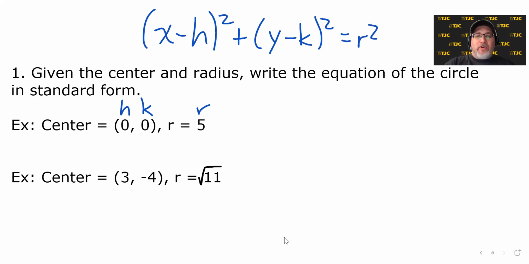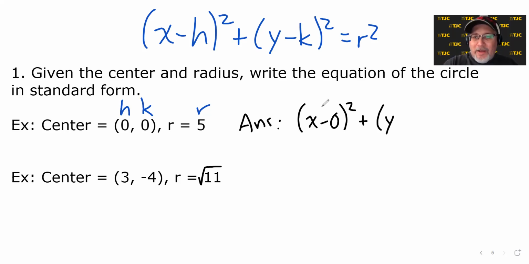Rewrite that with all the correct values inserted. For the first example, hang on, folks, I'm having formatting issues here. All right, in the first example, the setup would be (x minus 0) squared plus (y minus 0) squared equals 5 squared.